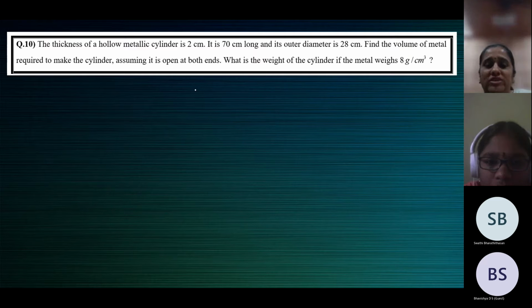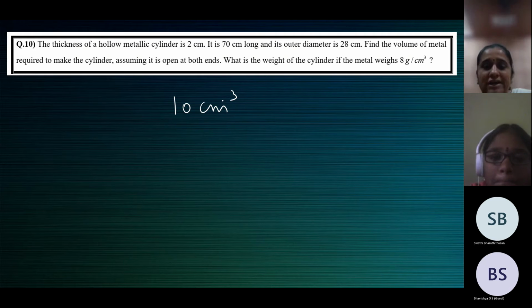Say the volume of the material in this hollow cylinder is 10 centimeter cubed, found using the formula pi h into capital R square minus small r square. We substituted the values and got 10 centimeter cubed.